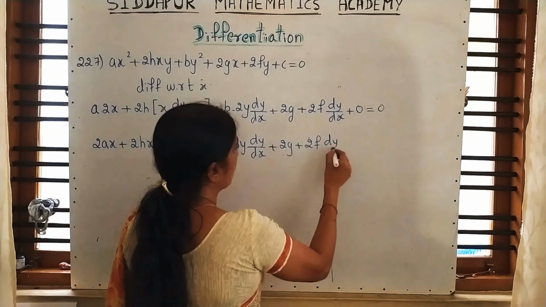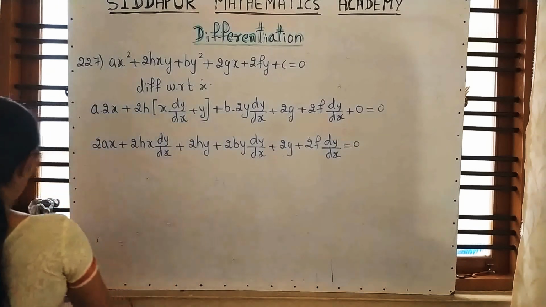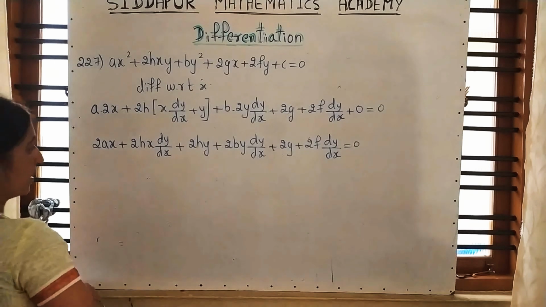Then just rearrange the terms such that the term with dy upon dx is on one side and the terms without dy upon dx on the other side.